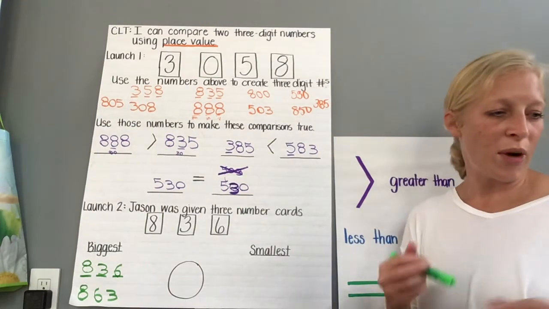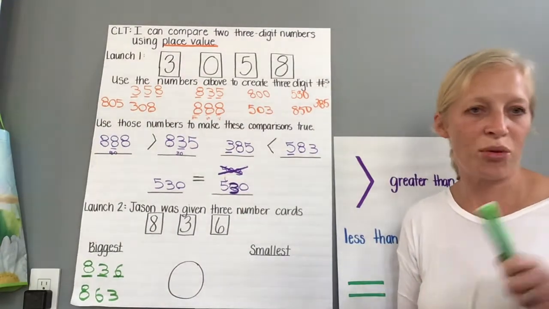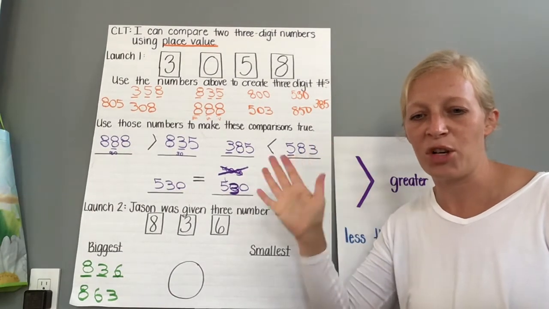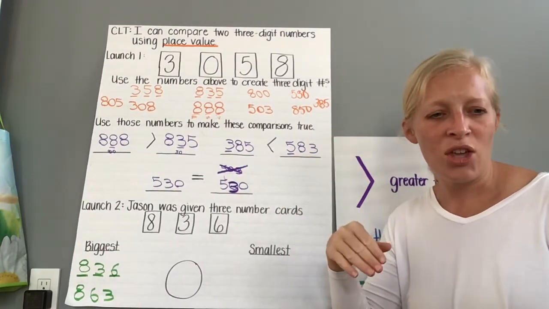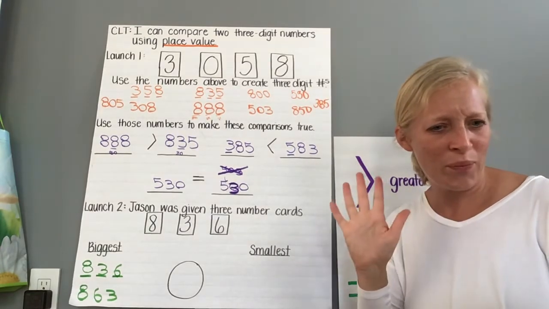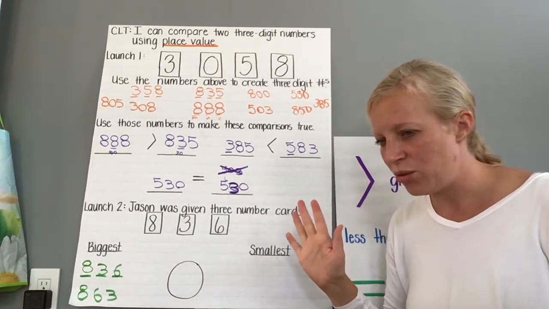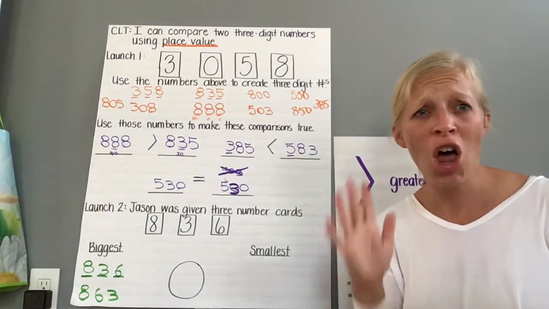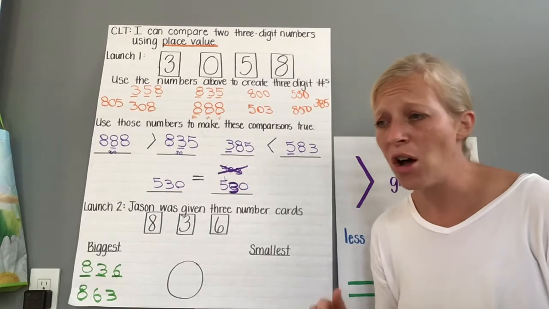If you and your partner had a conversation, you changed your thinking, I want you to put your hand up. Maybe you said something first, and then when your partner said, I disagree and why, you went, oh, yeah, you're right. That is true. Look at you changing your thinking. Mathematicians change their thinking all the time.